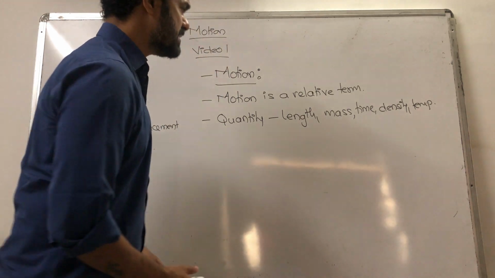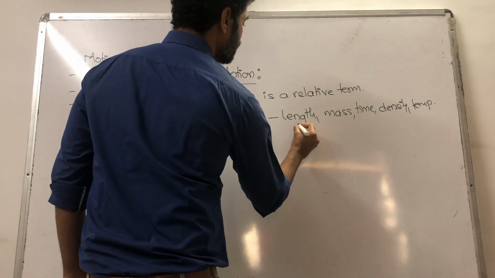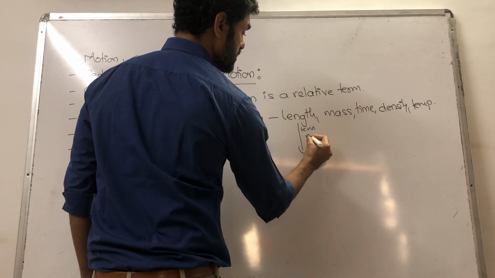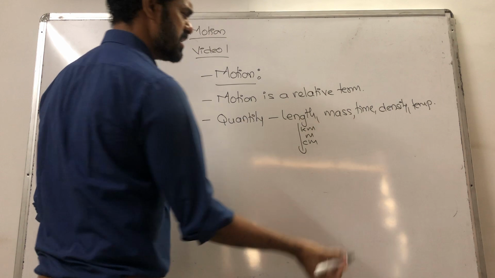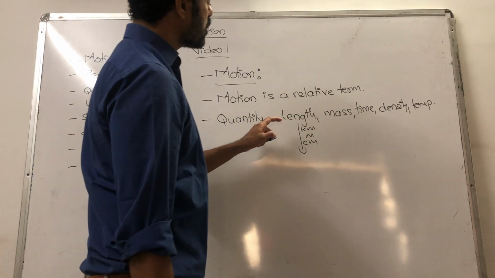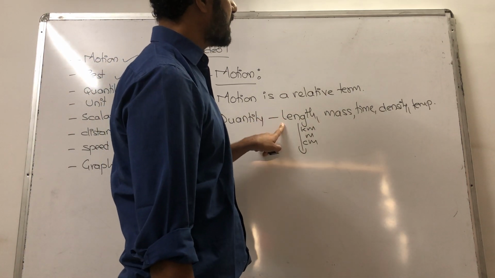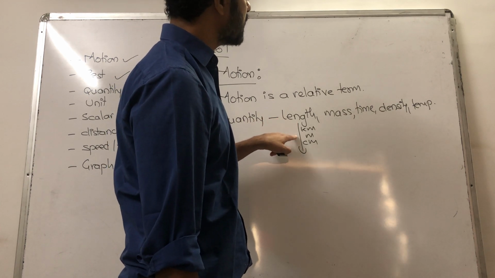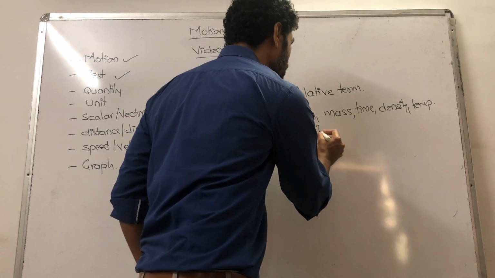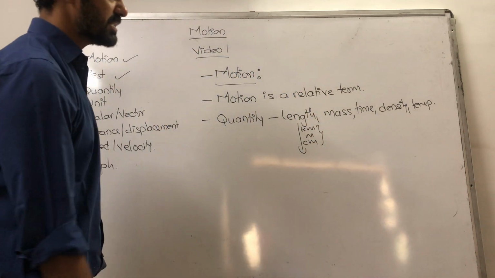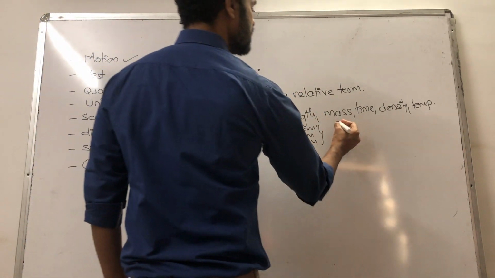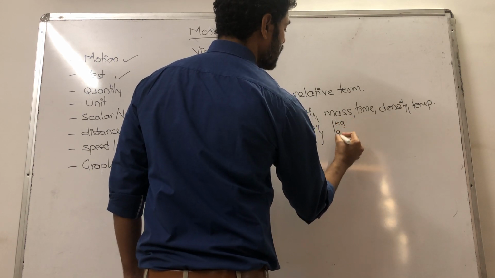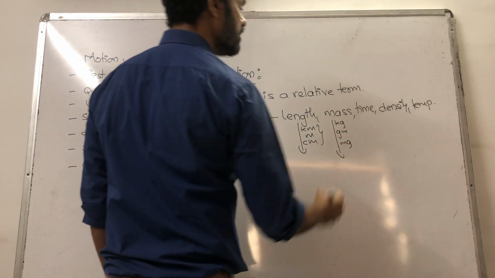Now, let's say length is a quantity. If you want to measure length, you can measure it in kilometer, meter, centimeter, and many more. So, the quantity is length, and kilometer, meter, centimeter are all units of distance. Same way mass could be measured in the units of kilogram, gram, milligram.